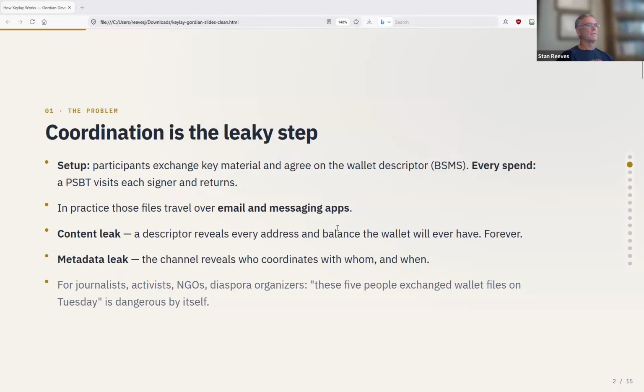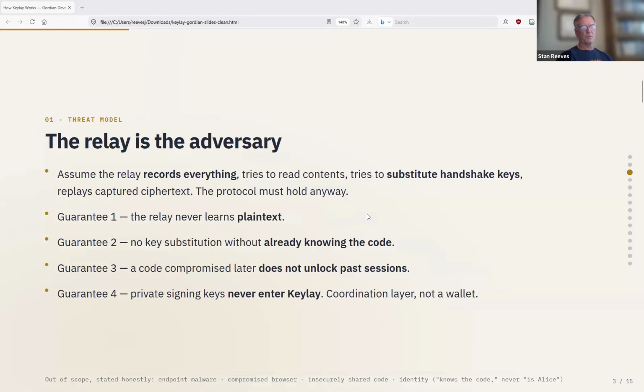So again, for activists and people like this, it's really important to have a privacy solution for this. It also helps to take away some of the friction because, as we've seen, multi-sig is an important solution for lots of different risk factors in wallets.